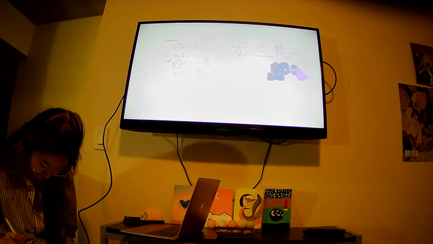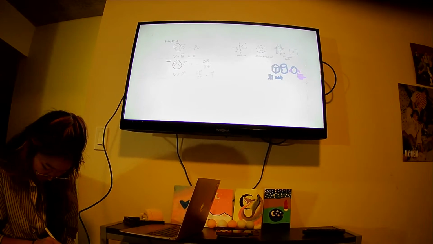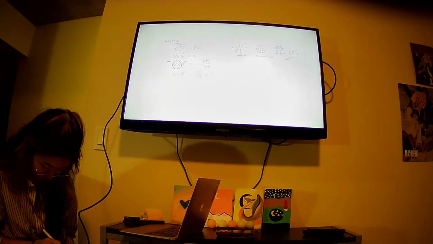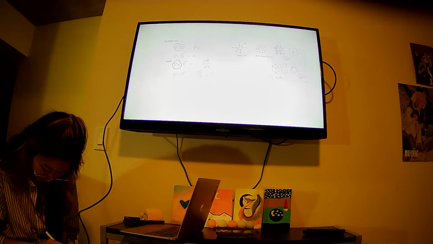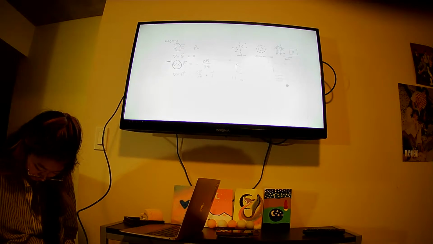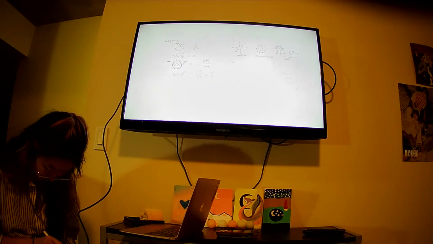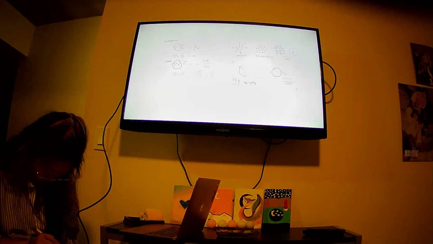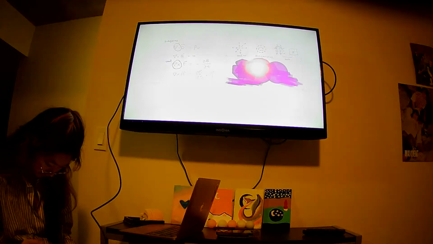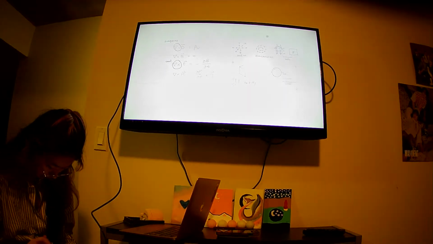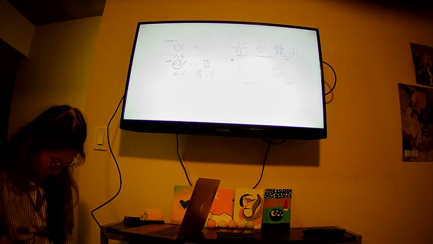Why are you doing camera? Oh, because you need your papers. Actually, turn the desk light off. It doesn't really make a difference. Should we turn these lights off?